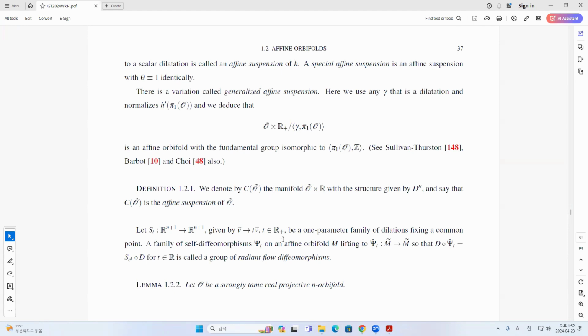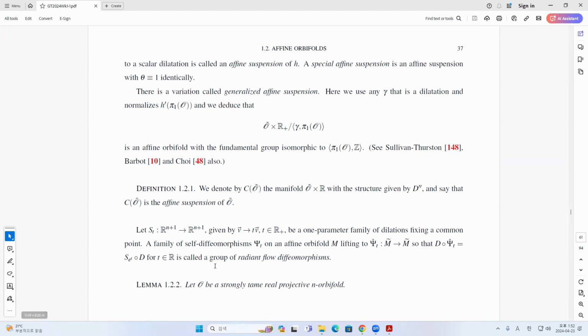And in these cases, you can also do a one parameter family of dilatations. These are just the scalar multiplications, and so there's a family of self-diffeomorphisms of the orbifold M lifting to this. So if M was constructed like this, then you can always find such a map for any dilatation.